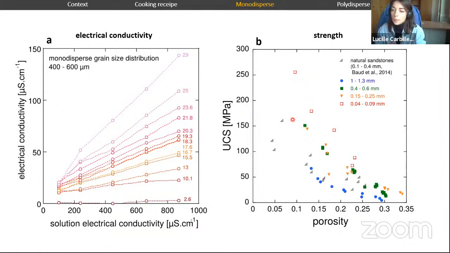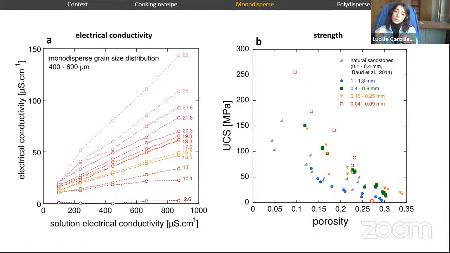What's really interesting with the uniaxial strength is that the overall trend is the same, but it looks like the pore-emanating crack model that we usually use to predict the slope and the trend in the UCS against porosity is not the right one for these data and fails at predicting the UCS using the porosity.